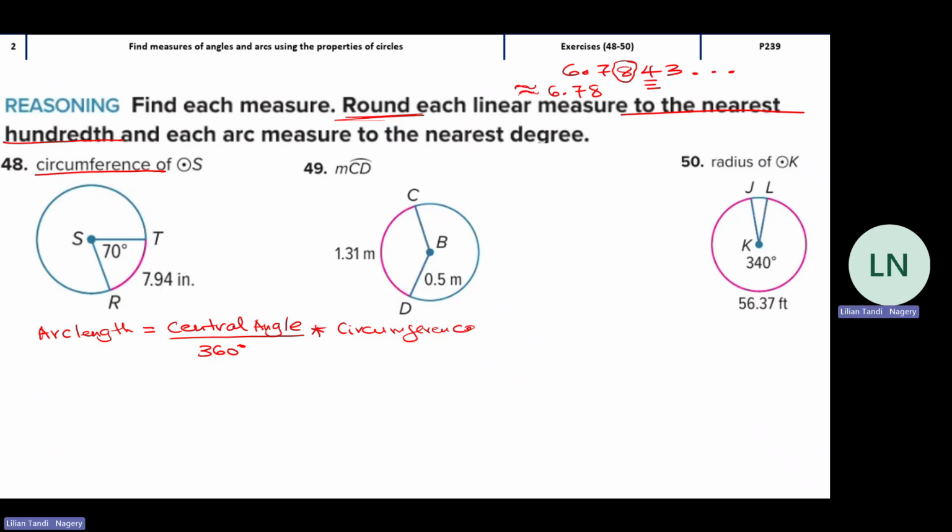So to get the arc length, you have to do central angle divided by 360 times circumference.